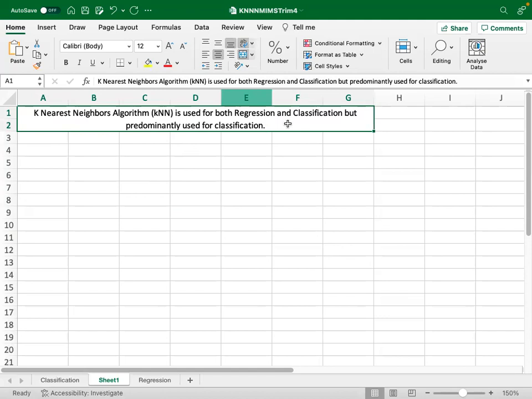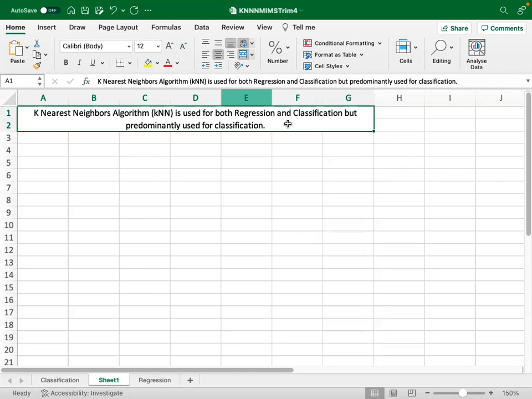It can also be used for regression, but the performance of the model compared to other models like random forest, gradient boosting, or neural networks, or any other models, will be less.